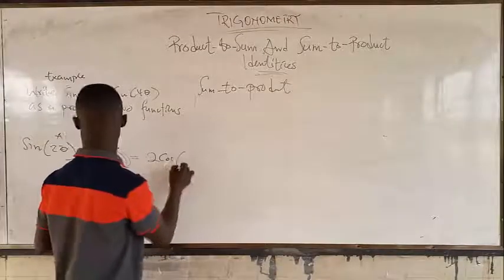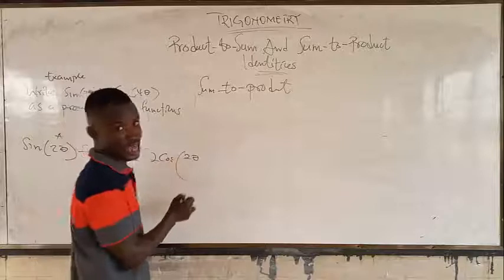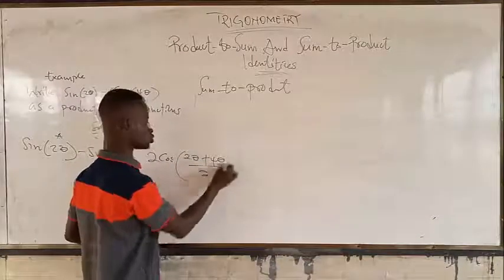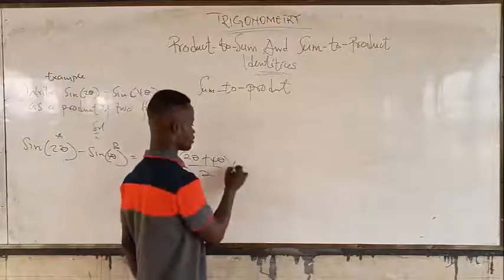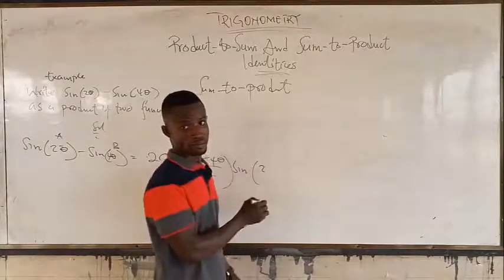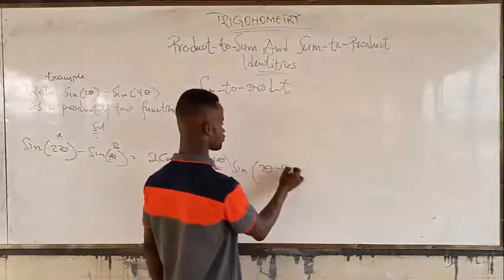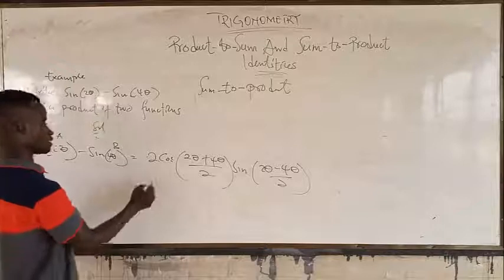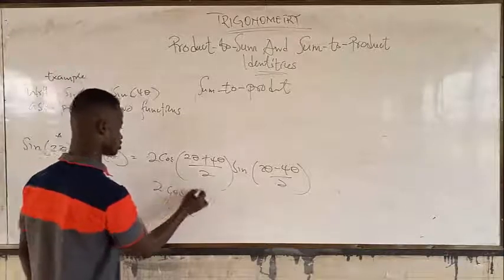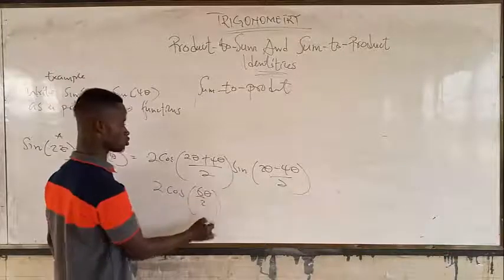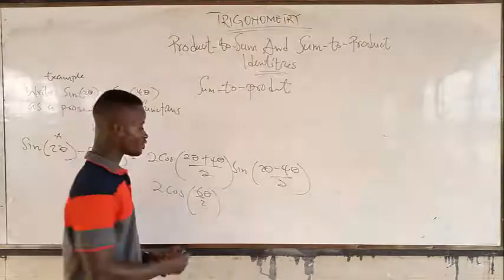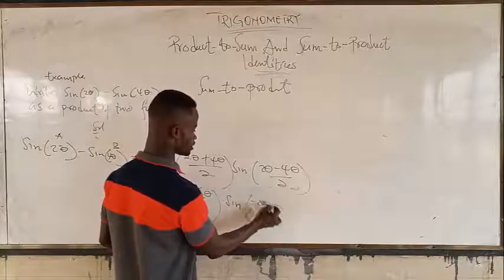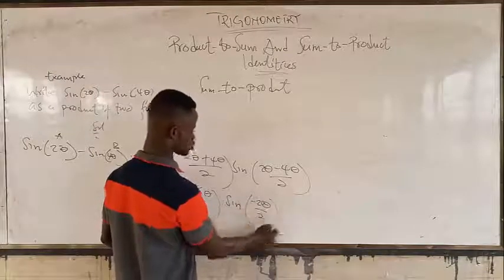So we get 2 theta plus 4 theta over 2, then sine 2 theta minus 4 theta over 2. Alright, so that's going to be for that. Then this is 2 cos 6 theta over 2, sine negative 2 theta over 2.